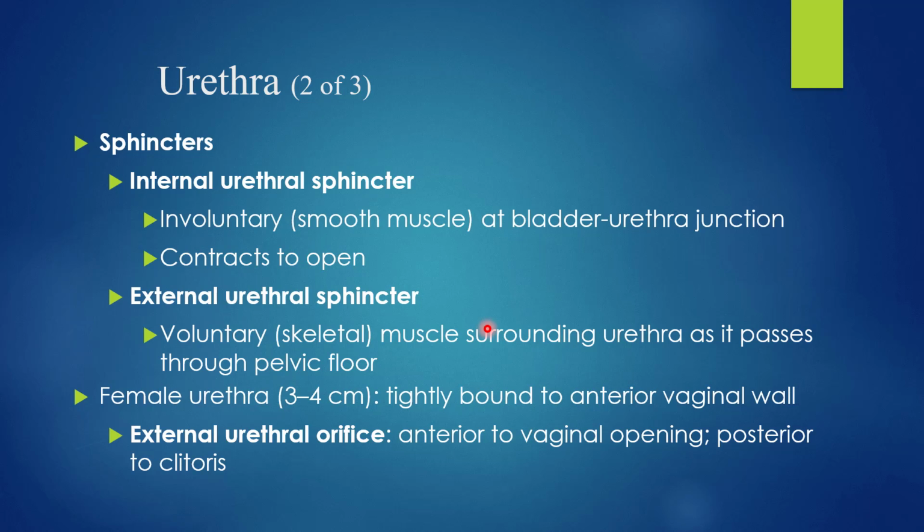The internal urethral sphincter has involuntary smooth muscle at the bladder-urethra junction, and it contracts to open involuntarily. The external urethral sphincter is voluntary. It has skeletal muscle and surrounds the urethra as it passes through the pelvic floor. The female urethra, which is about 3 to 4 centimeters, is tightly bound to the anterior vaginal wall. The external urethral orifice is anterior to the vaginal opening and posterior to the clitoris.